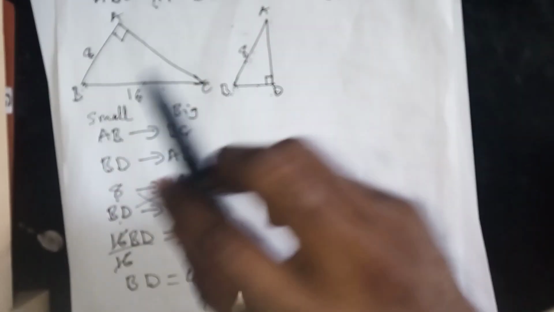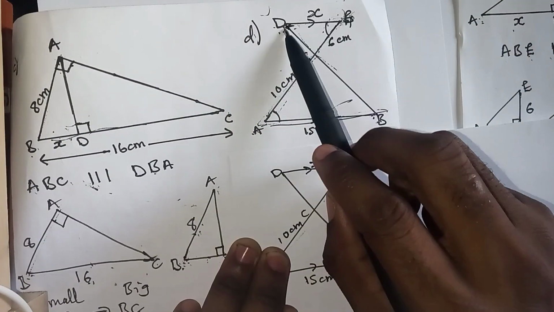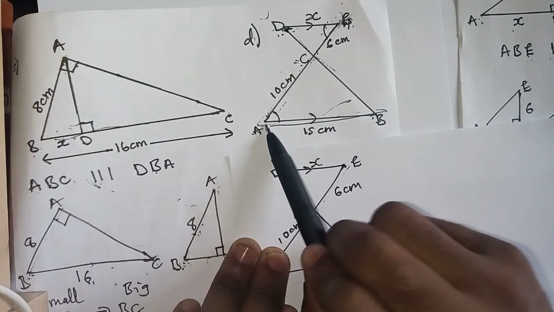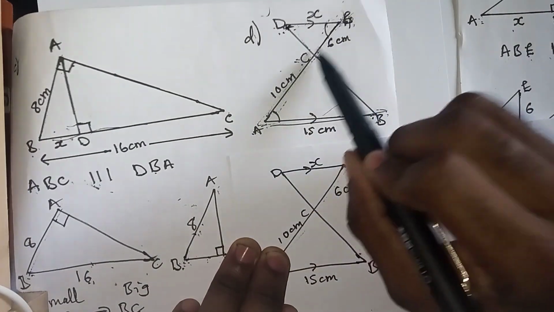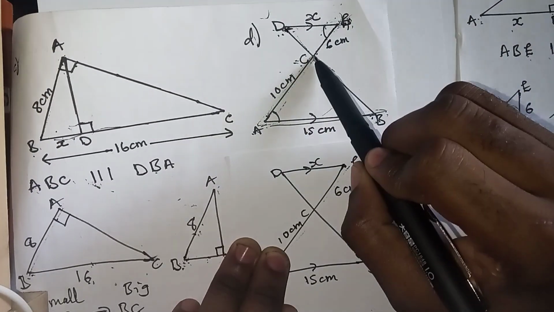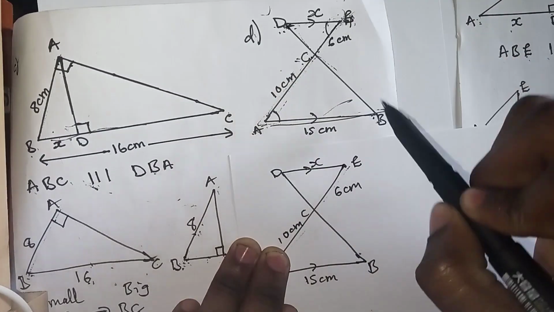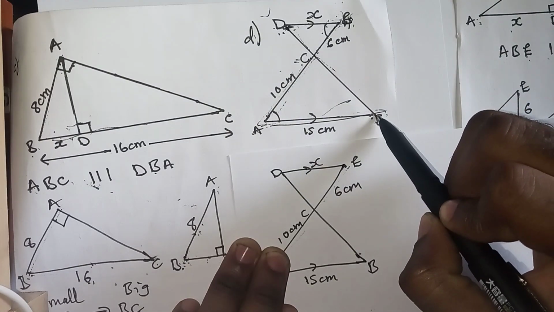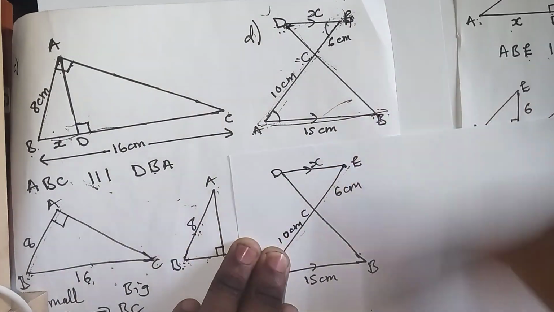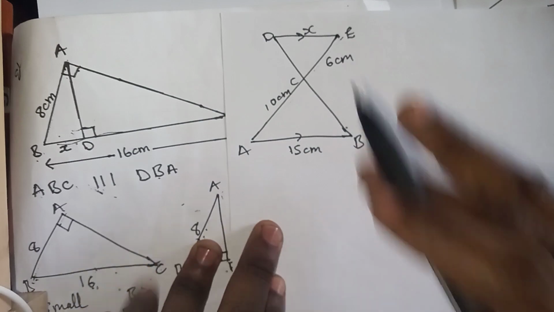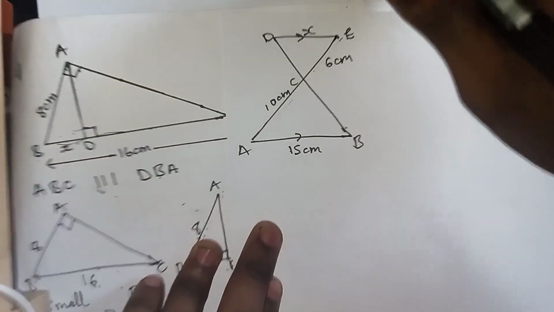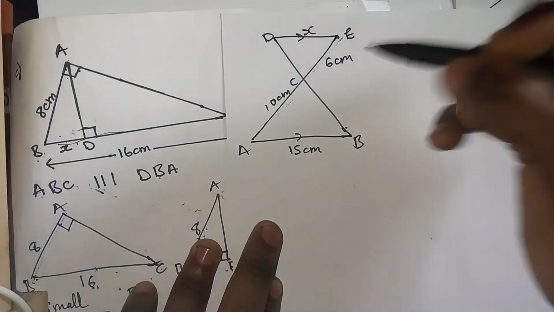So once you separate for part D, DE is related to AB, and then AC is related to CE, and then DC is related to CB. So to see this, you can separate these two triangles if you want to, but I've decided to redraw this because I messed this one up.